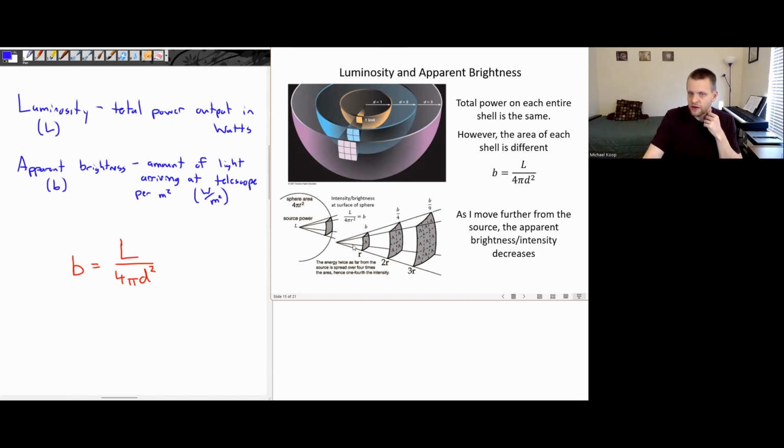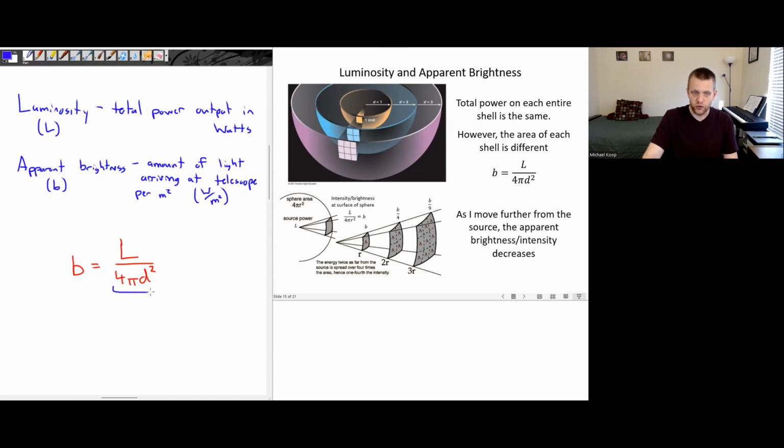In fact, the amount of area that light energy is spread out over depends on the distance squared. If I double the distance, that energy is being spread over 4 times the area, which means that if I double the distance, to my eye, it will appear a quarter the brightness. That's basically where this squared term comes in for talking about this distance.